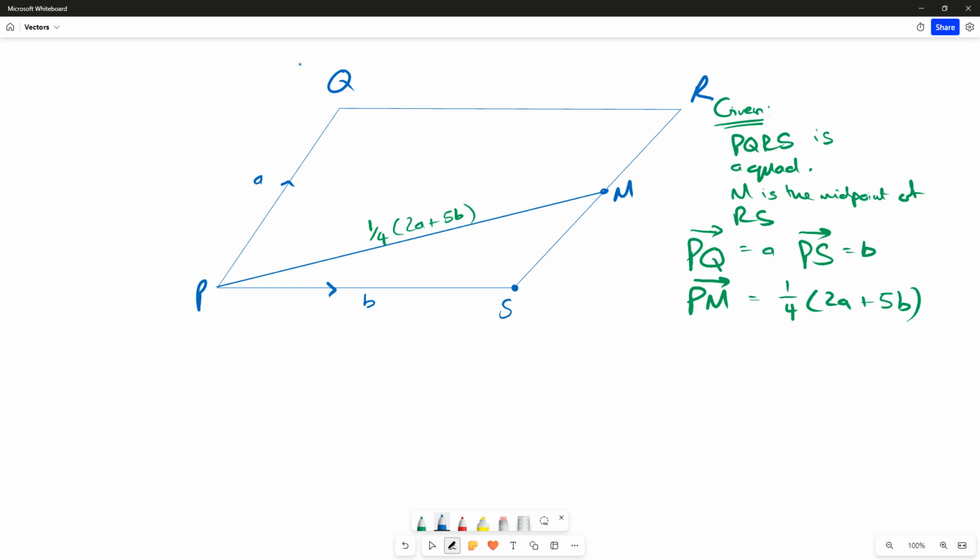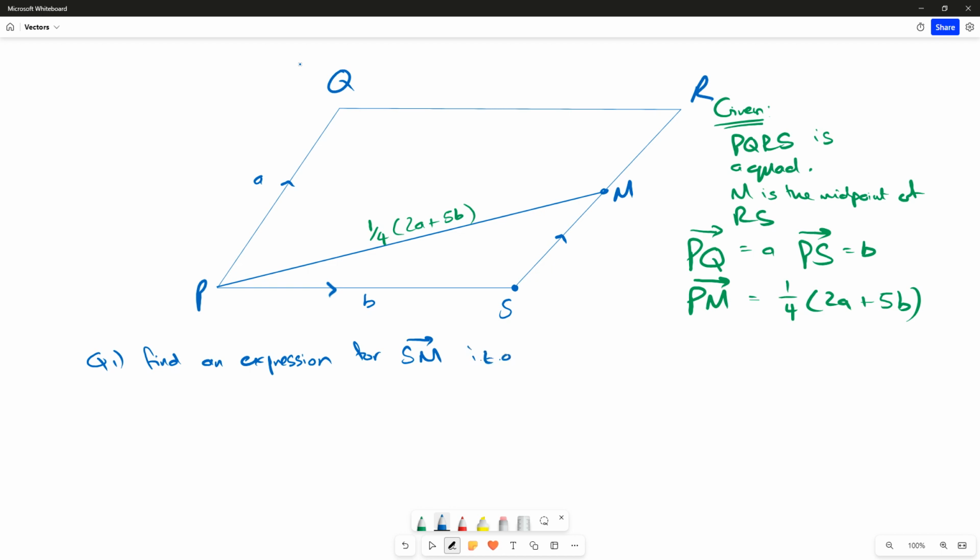Question number 1 says, find an expression for SM in terms of A and B. So from S to M specifically, because it's not MS, it's SM. So it's this little vector here.